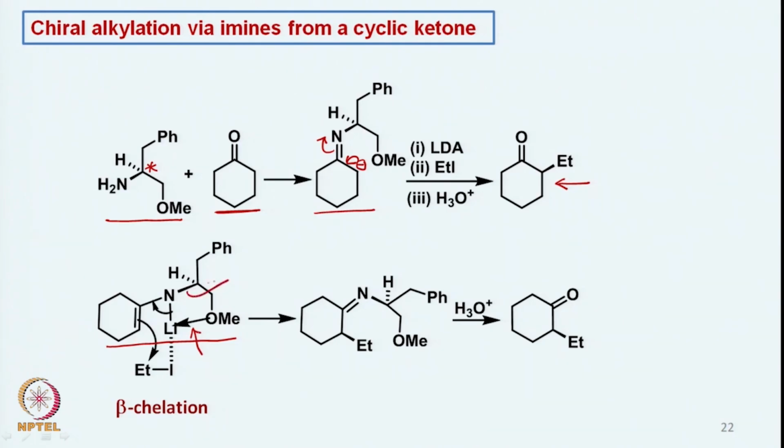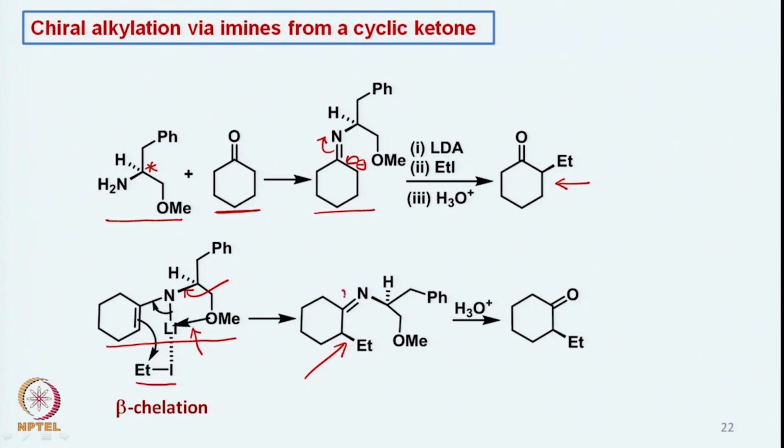So if this is beta oriented, the whole molecule is beta oriented, and therefore the methoxy group, which has a coordination with the lithium, is also on the beta side. The attack on the ethyl carbon also takes place from the beta side, and we get the introduction of the carbon-carbon bond from the beta side, because the beta chelation is what guides this.